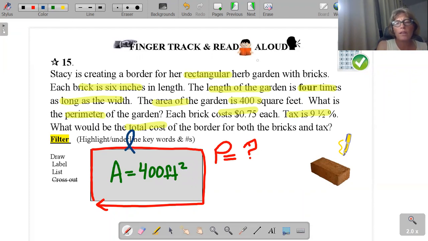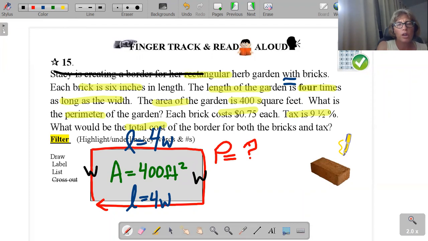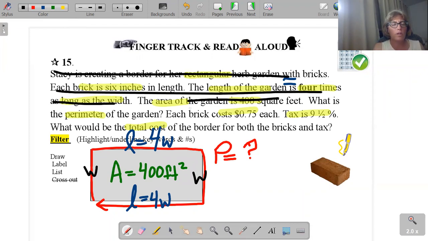The length is 4 times the width. Took care of this, took care of that. Area is 400. We want to find the perimeter, and then along the perimeter we're going to put these little tiny bricks around to make a border.